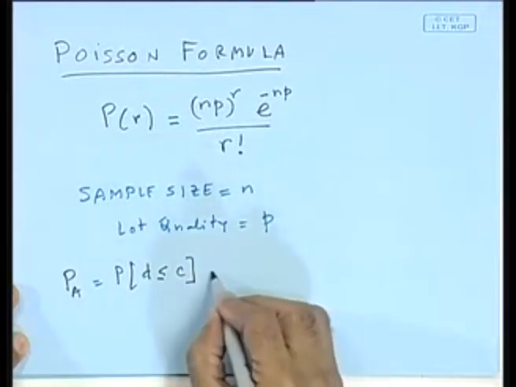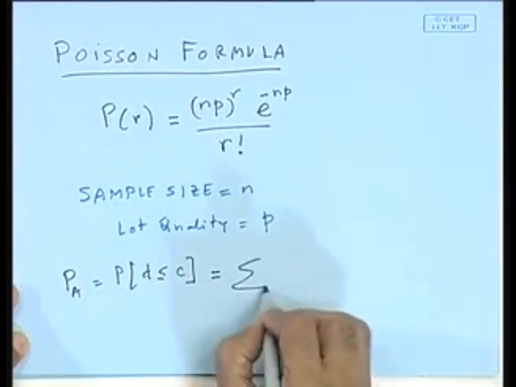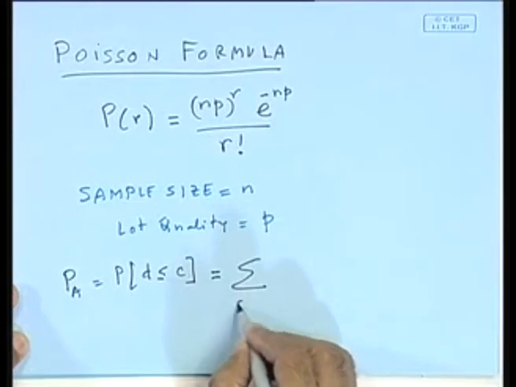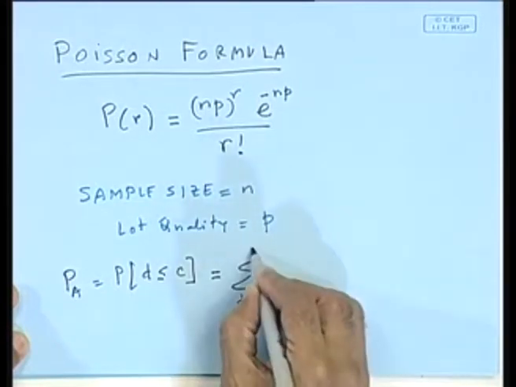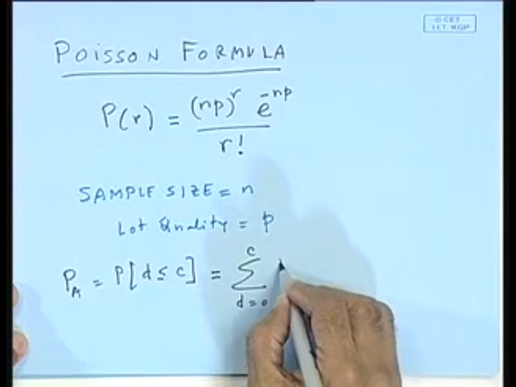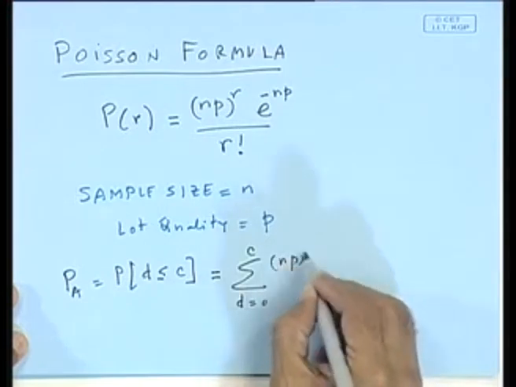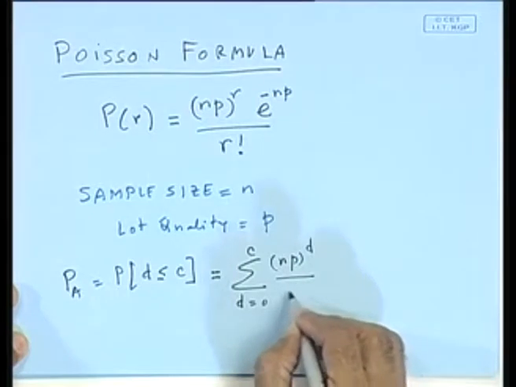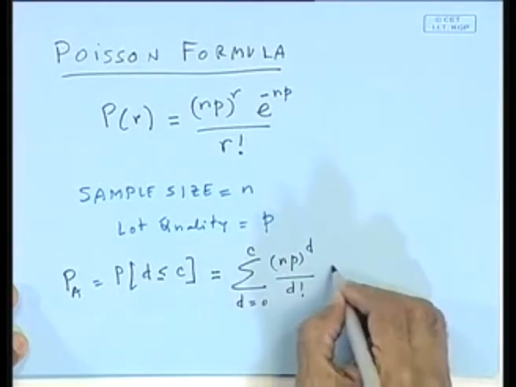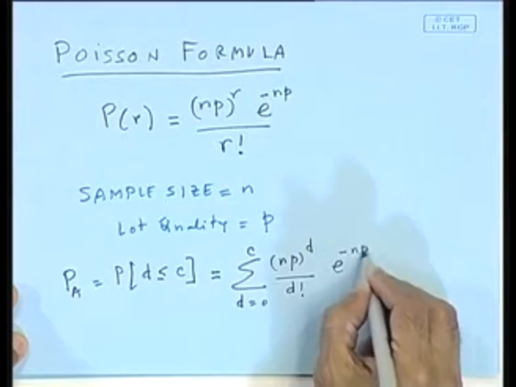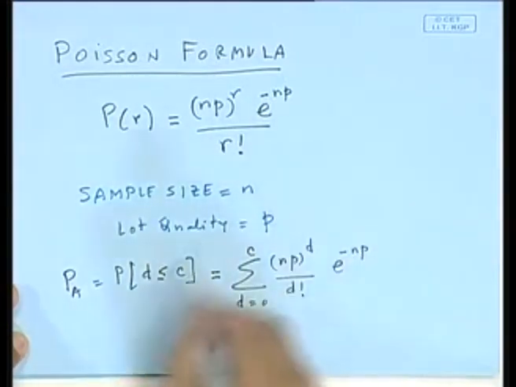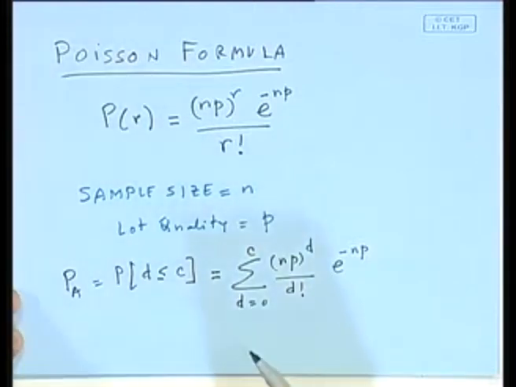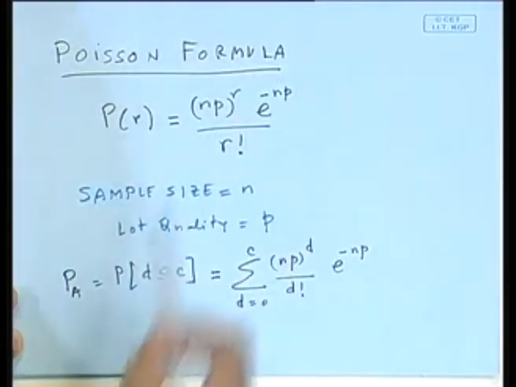If I use the Poisson formula, this will turn out to be the sum from d equal to 0 to c of np to the power d divided by d factorial, times e to the minus np. This is the formula I'll be using if I have to construct an OC curve that uses the Poisson formula as the basis.